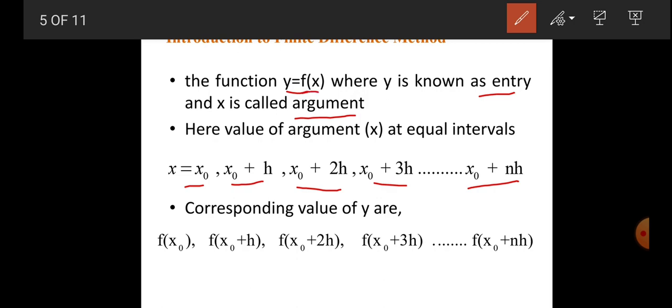That means if we put the value of x here, which is at an interval of h, then y is equal to function of x0, y is equal to function of x0 plus h, y is equal to function of x0 plus 2h, y is equal to function of x0 plus 3h, and up to the nth interval it becomes y is equal to the function of x0 plus nh.